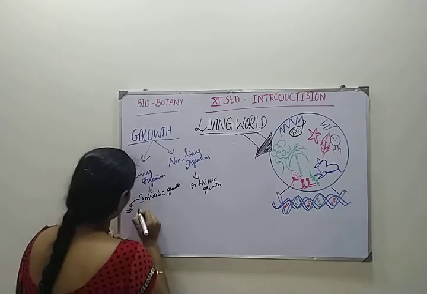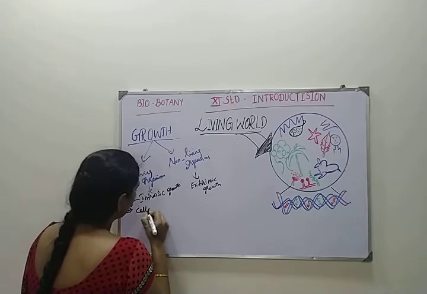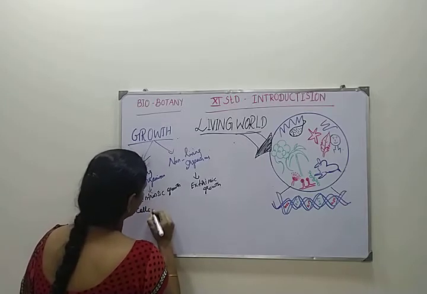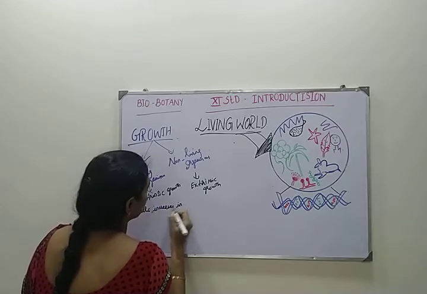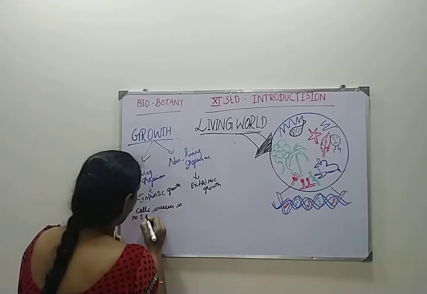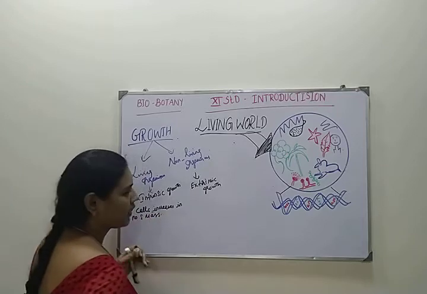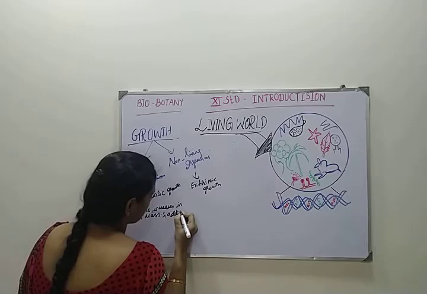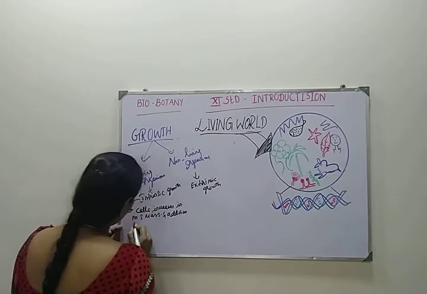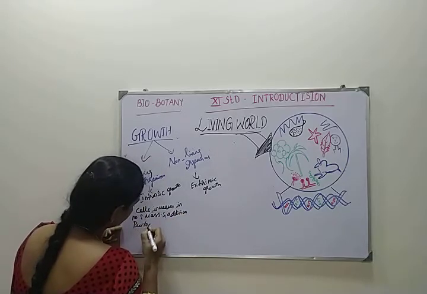First I will explain this. Cells increase in numbers and mass. And you can also say it like this: addition of protoplasm. Protoplasm is present inside the cell.